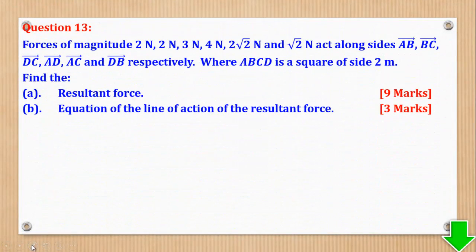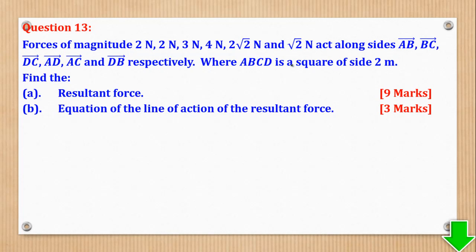We shall now go to question 13. It says forces of magnitude these ones act along sides this and that. So you say 1, 2, 3, 4, 5, 6. Okay, so it is okay.